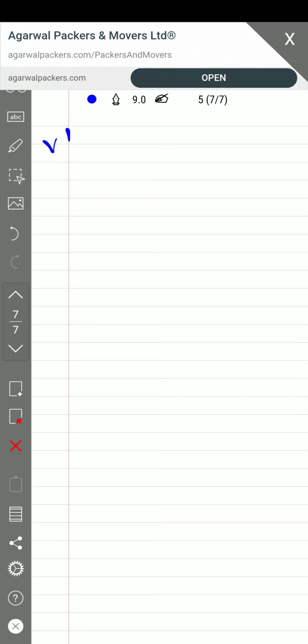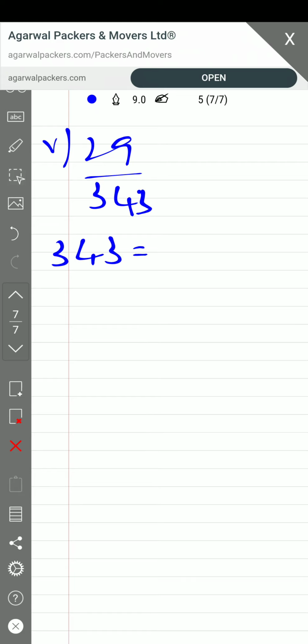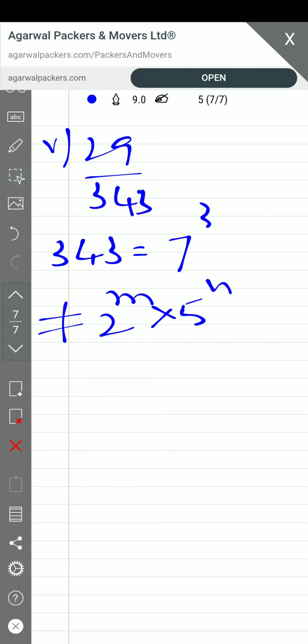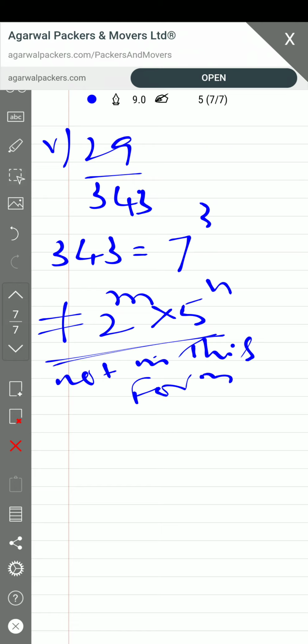Next is 29 by 343, problem 5. Now 343 can be written as 7 cube. So this is not in the form of 2 power m into 5 power n, and it has 7 as its factor.